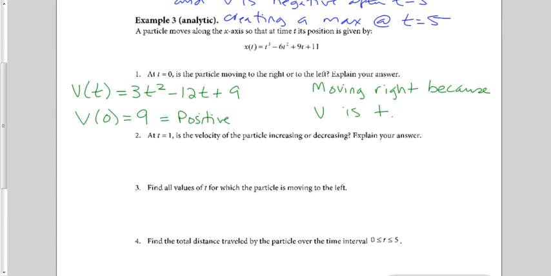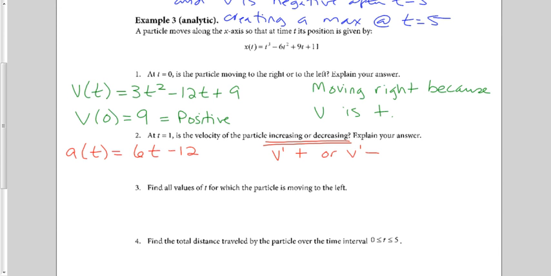Number 2, at t equals 1, is the velocity of the particle increasing or decreasing? So the way that I would decide about increasing or decreasing is I want to know, is v prime positive or is v prime negative? So I need to take the derivative of v. When I take the derivative of v, that's actually my acceleration. So my acceleration is 6t minus 12.